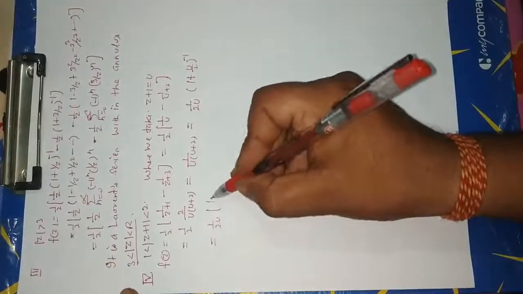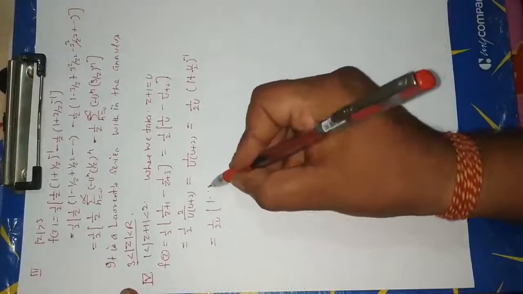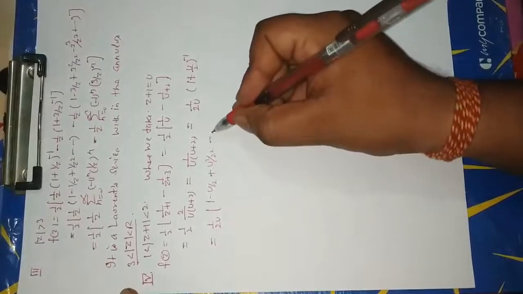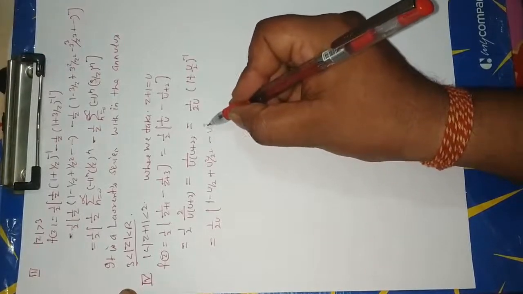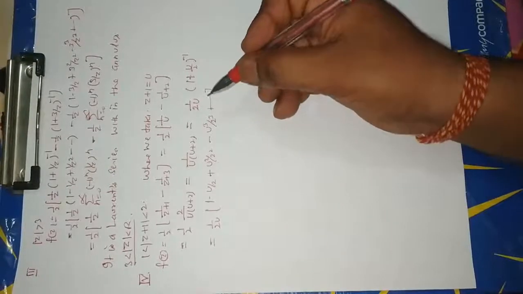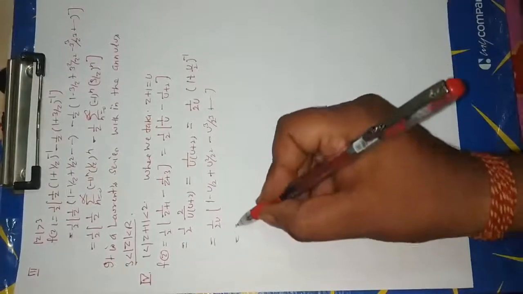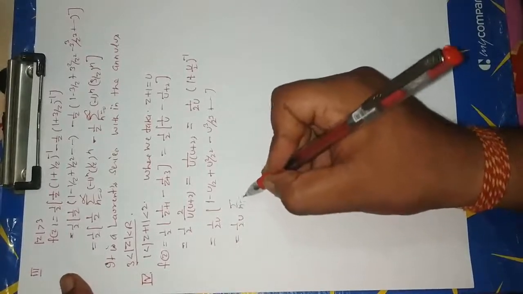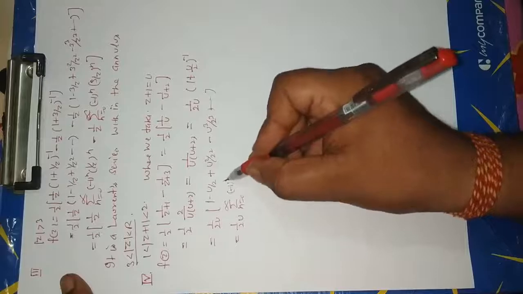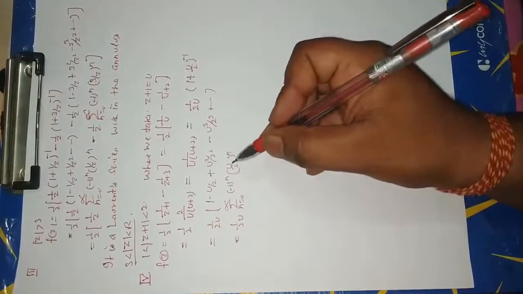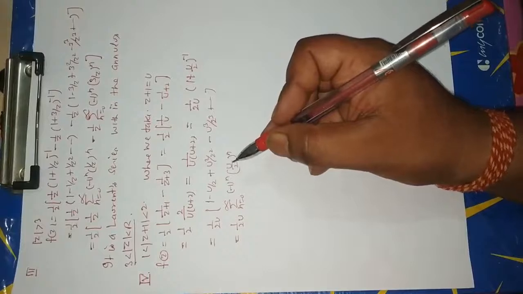Expand 1 minus u by 2 plus u square upon 2 square minus u cube upon 2 cube plus up to dot. Okay. 1 upon 2u summation n is equal to 0 to infinity minus 1 to the power n, u by 2 whole power n. Okay.